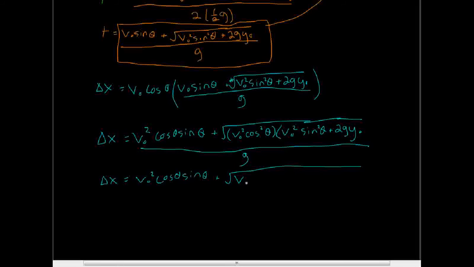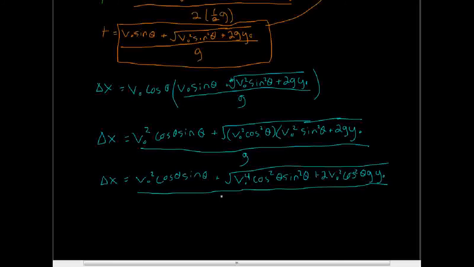And so we'll get v naught to the 4th times cosine squared theta sine squared theta plus 2 v naught squared cosine squared theta times g times y naught. And all of that divided by g.